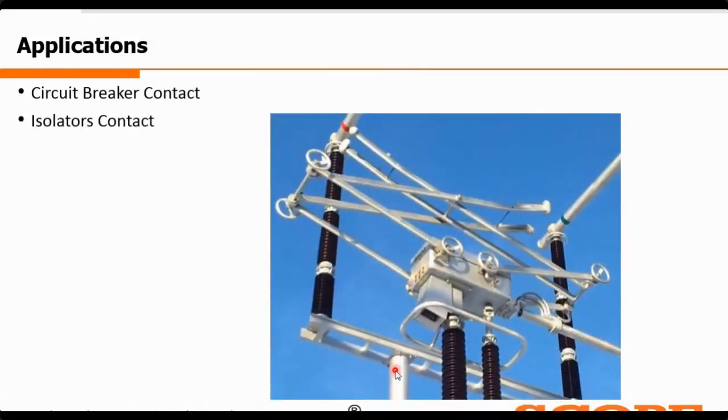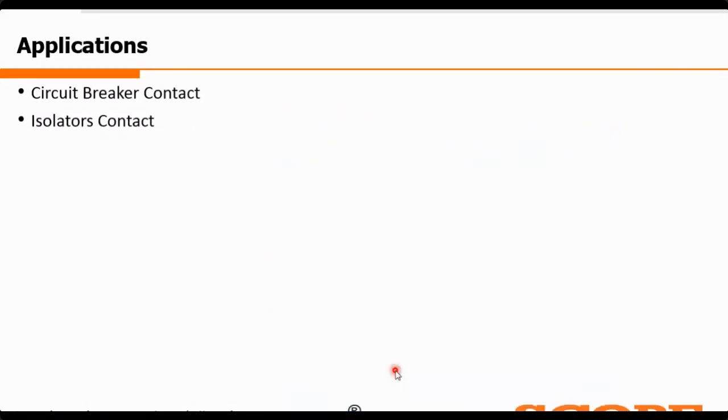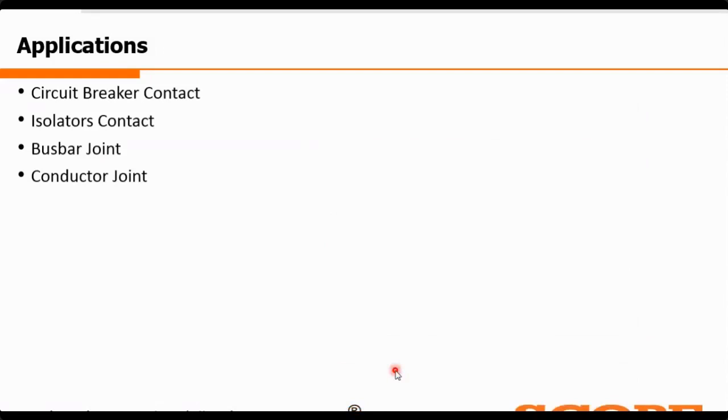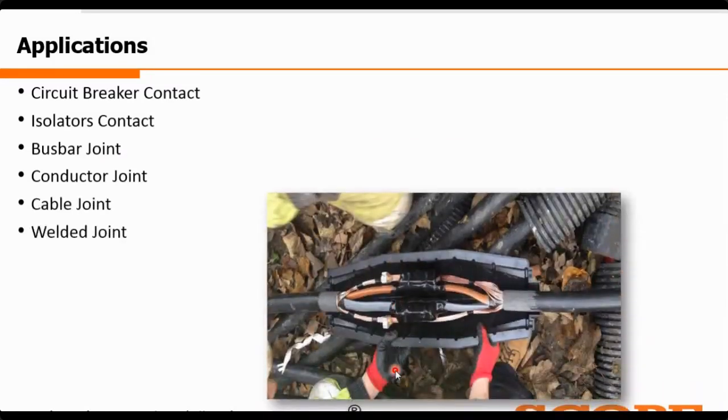Then you have the isolator in your substation, where you can do the CRM measurement of the isolator contacts. Also, you have the bus bar and conductor joints, and last but not the least, the cable joints and the welded joints as well. So this is where you can do the contact resistance measurement.